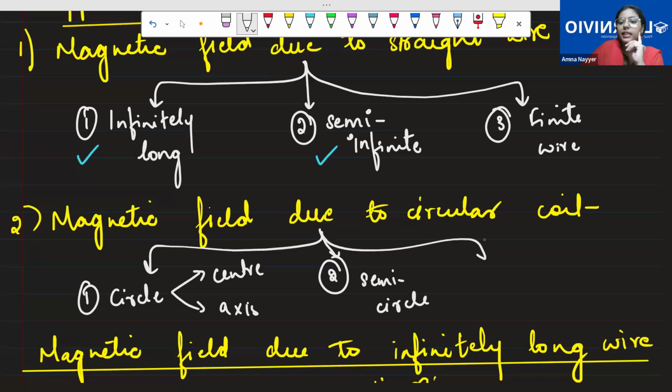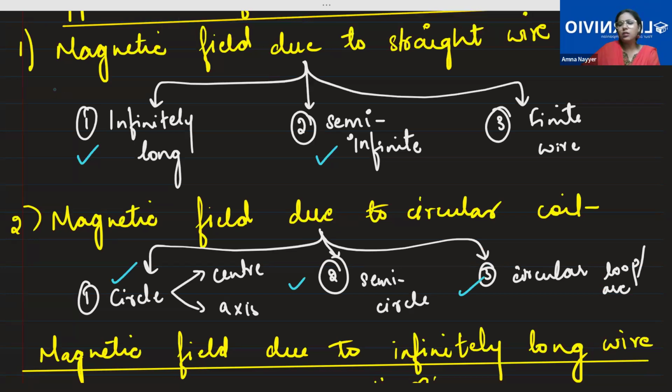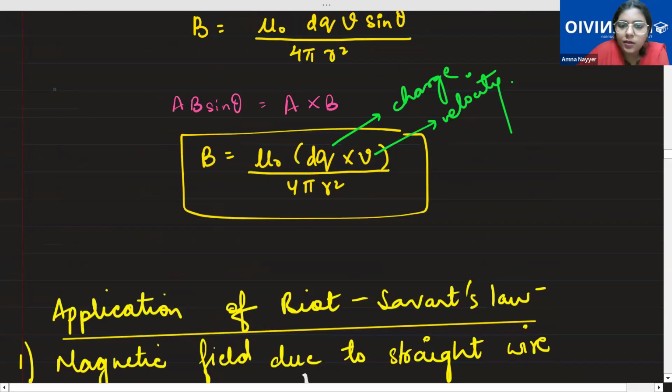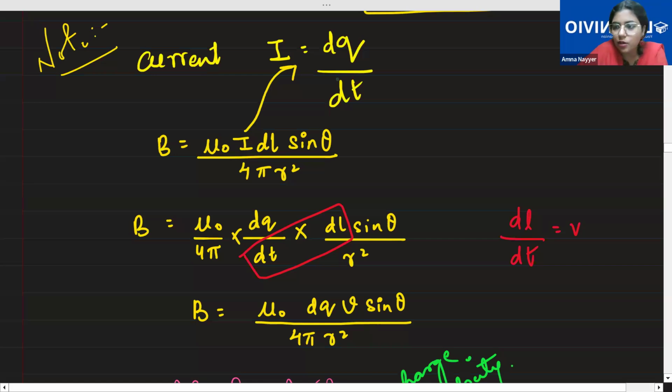Last is for any circular arc, or circular loop. All the three have derivations, all three are in the syllabus. So circular we will be doing. It is not difficult, but this much we have to cover. So am I clear? Yes, ma'am. Okay, please copy it till here.